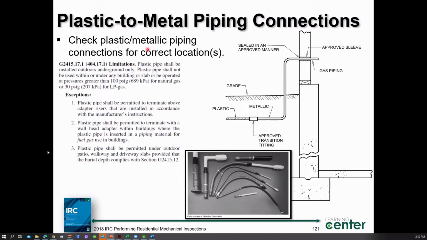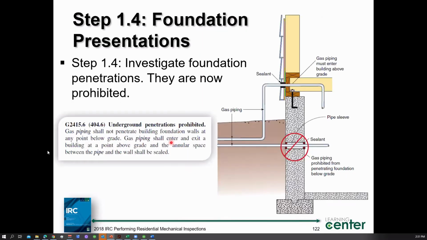So we have limitations of plastic pipe right here. As you can see, the material is to be installed underground, and it has some pressure limitations. Here are some exceptions, of course, where you can use different types of materials for the transition as well. This was put in back in, I think, 2015 or 2012, I can't remember now.